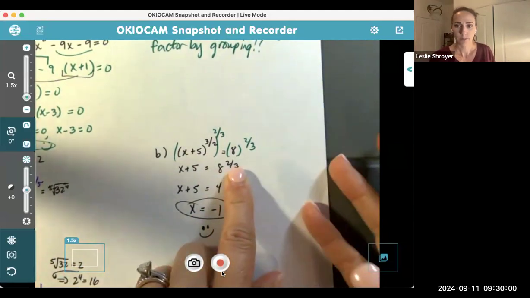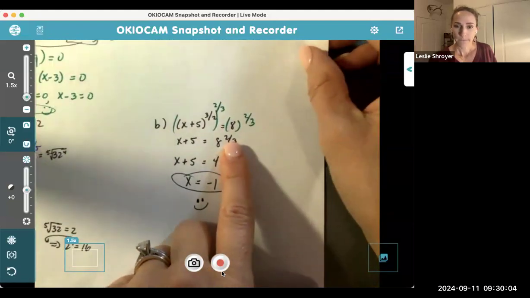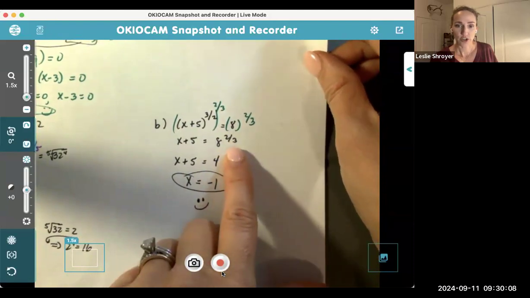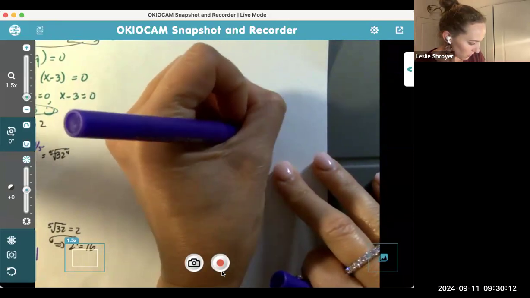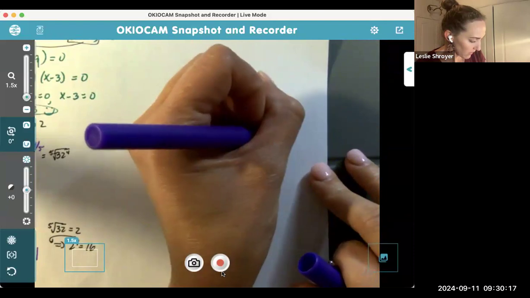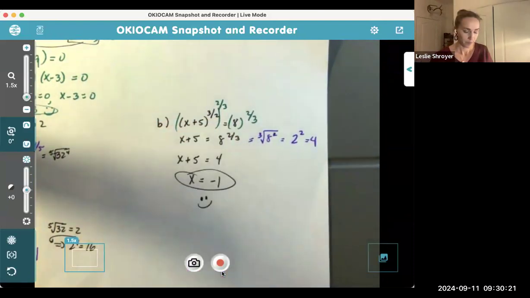Long story short. Does that make sense, Elijah? So 8 to the 2/3 is the same thing as the cube root of 8 squared. But the cube root of 8 is 2. So that's just 2 squared, which is 4.